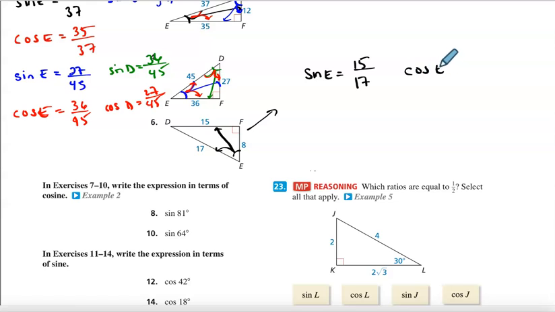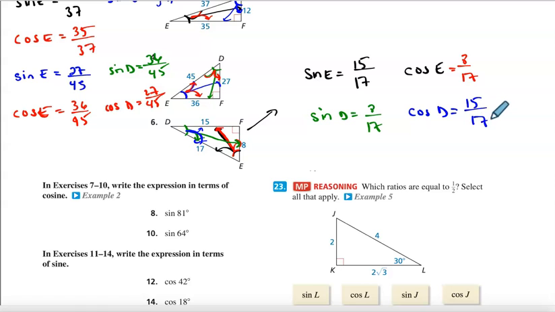Cosine of E, adjacent over hypotenuse. Sine of D, opposite over the hypotenuse. Cosine of D, adjacent over hypotenuse.